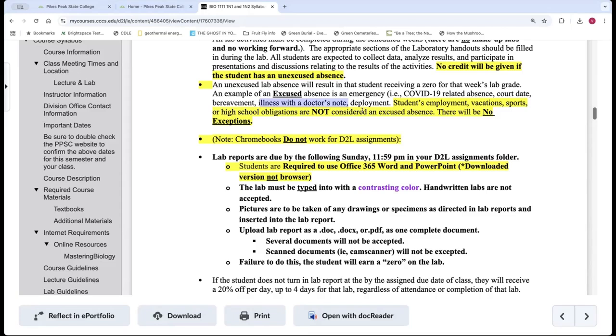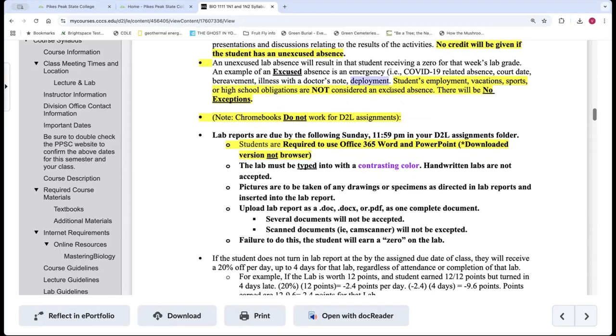Deployment is also considered an excused absence and definitely needs to be discussed with me on how to successfully navigate the course. Students' employment, vacations, sports, or high school obligations are not considered excused absences. These are things that you've chosen, and you need to navigate your outside involvements according to the needs of the course.